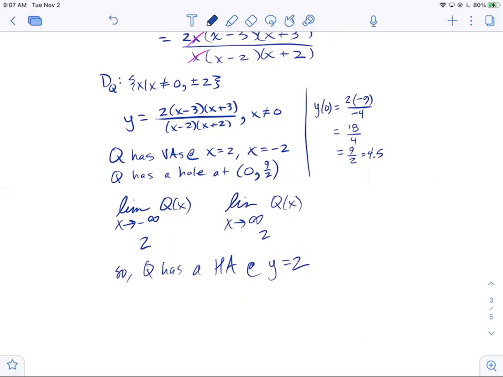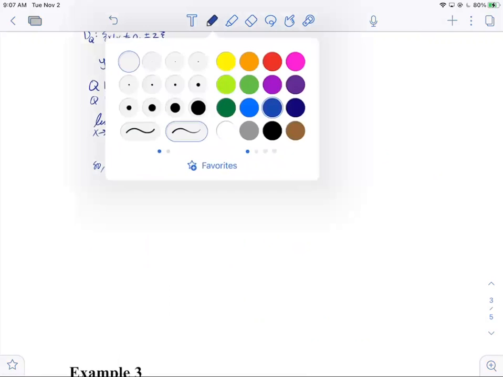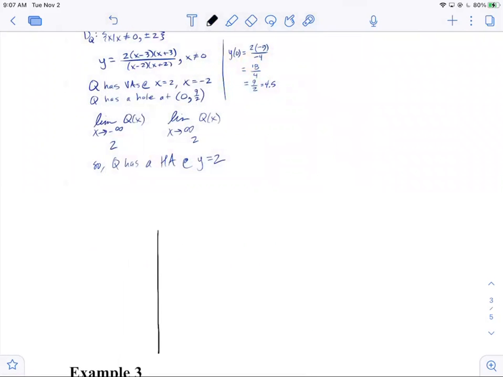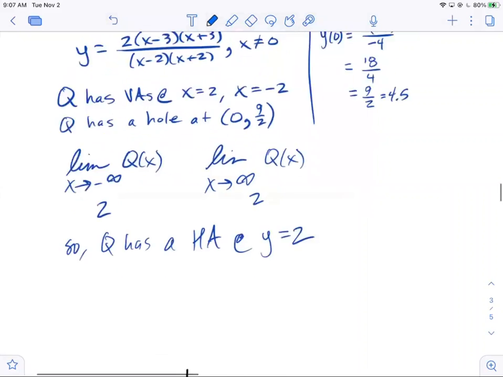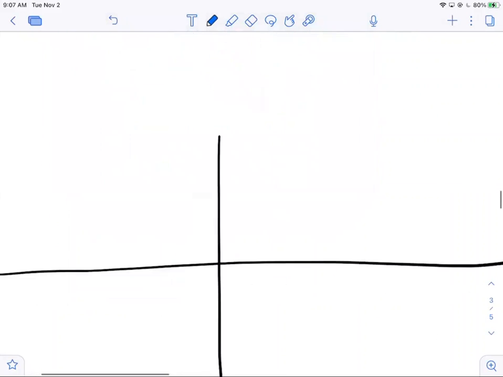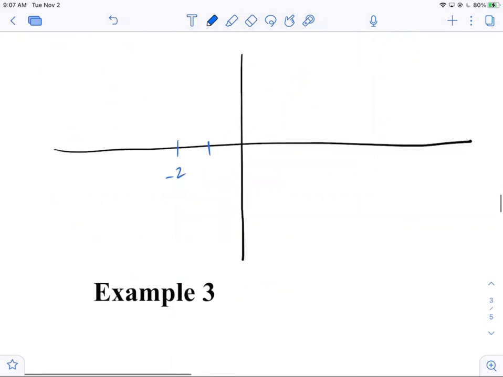Okay, so now at this point, since I haven't really started my graph yet, we have a lot of information. Let's go ahead and start that down here, right above the example 3. I'll give myself a y-axis and an x-axis. And then I'm just going to go ahead and pick a flavor. We'll do blue. Let's do the 2 asymptotes first, -2. And I'm just going to draw it as a dotted line.